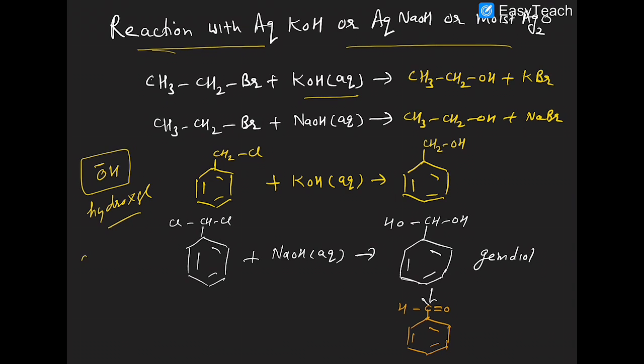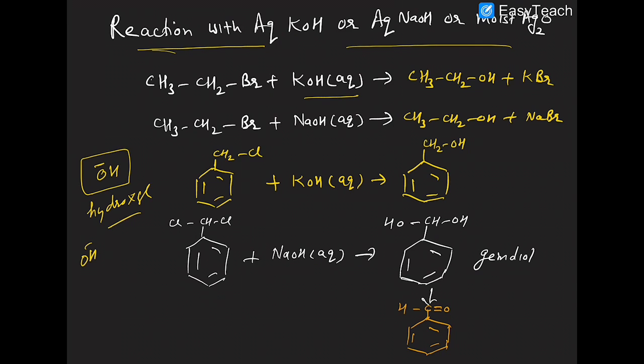So OH negative can displace almost all halogens. Why? Because OH negative is a stronger base than bromide ion, chloride ion, iodide ion, and fluoride ion. So it can displace or substitute any halogen in aqueous medium.